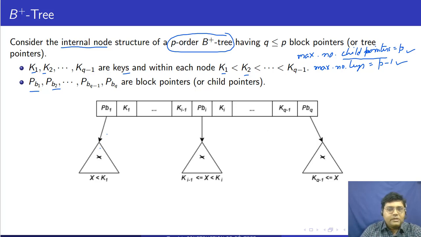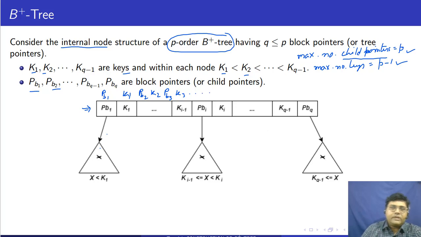They are arranged in a B plus tree node like this. We'll have a block pointer or child pointer followed by K1, followed by PB2, followed by K2, then PB3, followed by K3, like this.